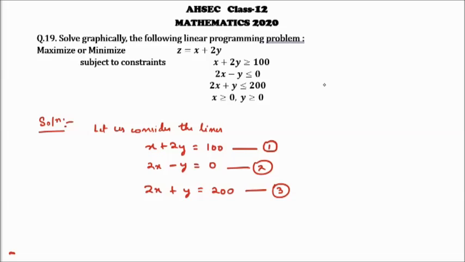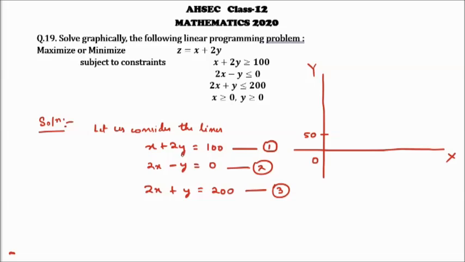So let me draw the xy plane like this. This is my y-axis, this is my x-axis, x, this is y. This is my origin. If I want to draw equation number 1, if I take x equal to 0, I will get y as 50.